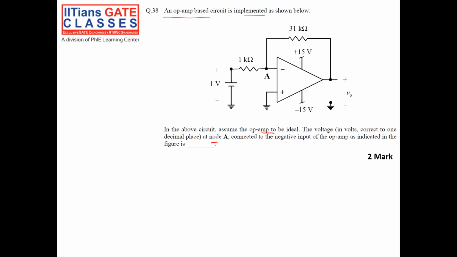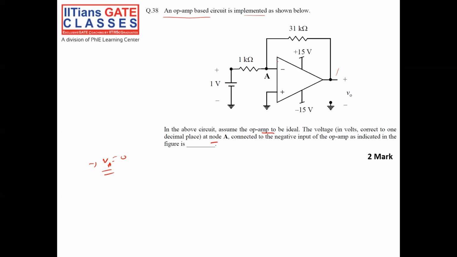So guys, the first attempt: since there is a feedback from output to input, it is a negative feedback, so because of virtual ground, VA should be 0. But since it asks to calculate the voltage at VA, we should be a little cautious.